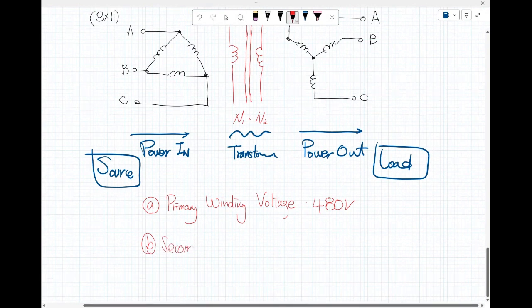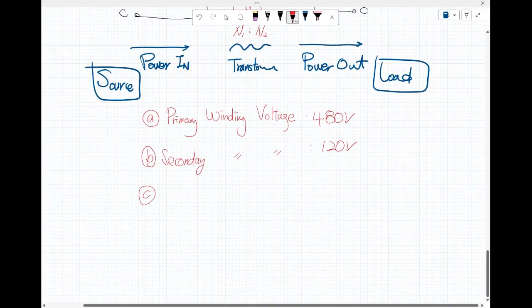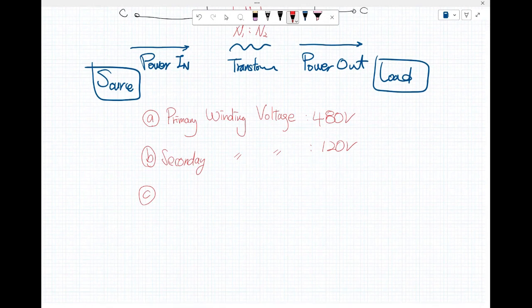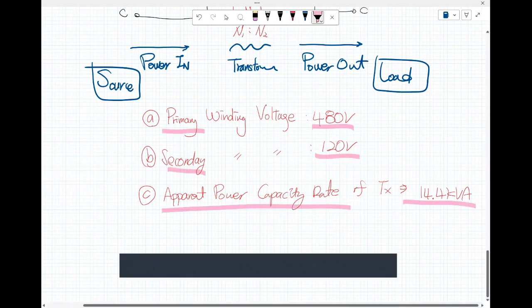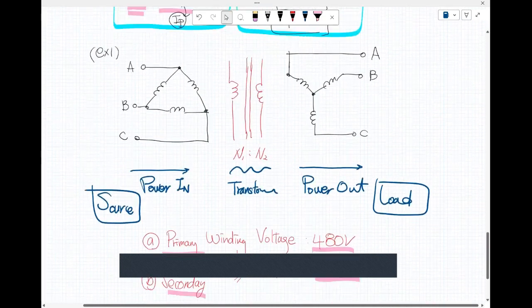Secondary winding voltage is 120. And the power transformer is 14.4 kVA. So that was given here.